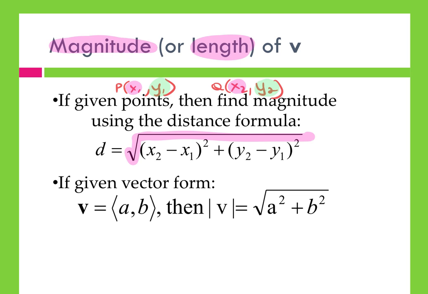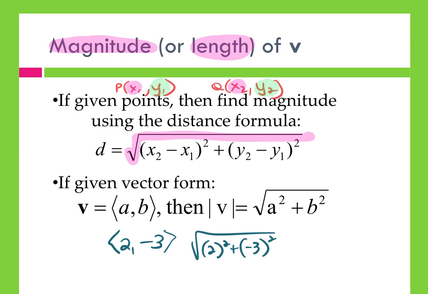If you already have the component form of a vector, like I already know this is ⟨2, -3⟩, then I can jump right in to the magnitude by doing the square root of the first one squared plus the second one squared. So if I have the two points, I'm using the distance formula.